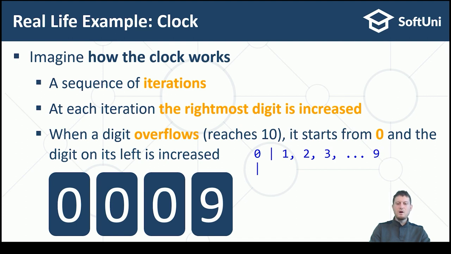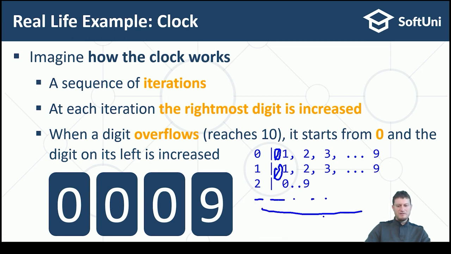Then we'll have 1 at the start, followed by 1, 2, 3 until 9. Then we'll have 2 at the start, followed by 0 to 9. It should start from 0 here also. It's my mistake. And this continues until this reaches 9, followed by the numbers from 0 to 9.